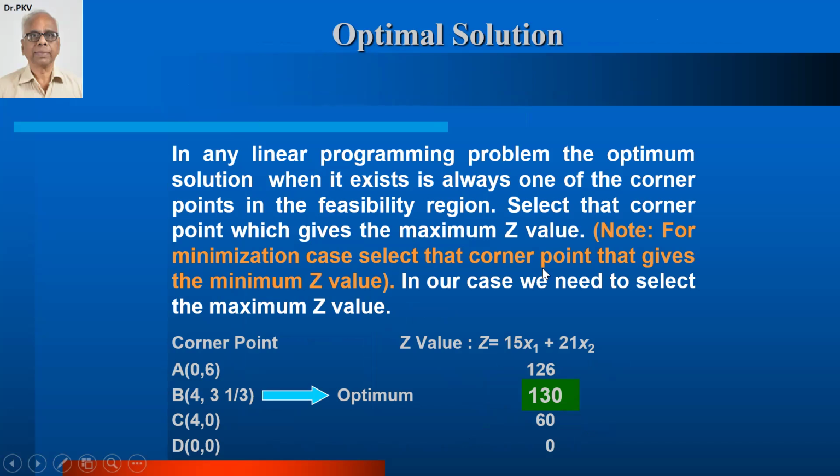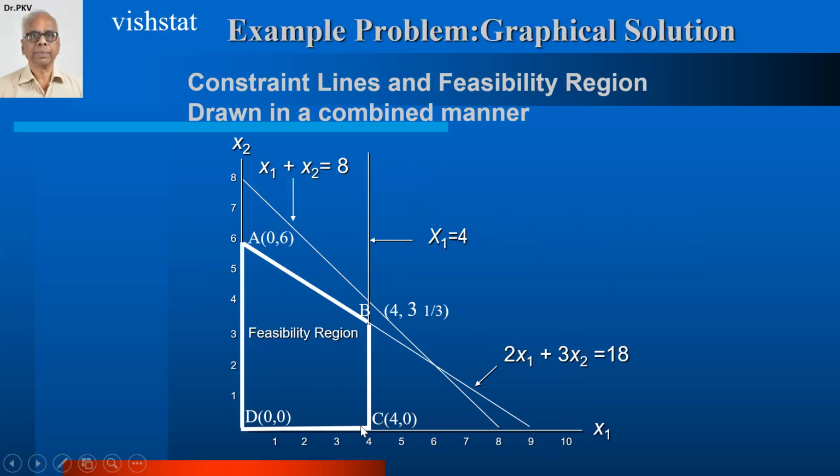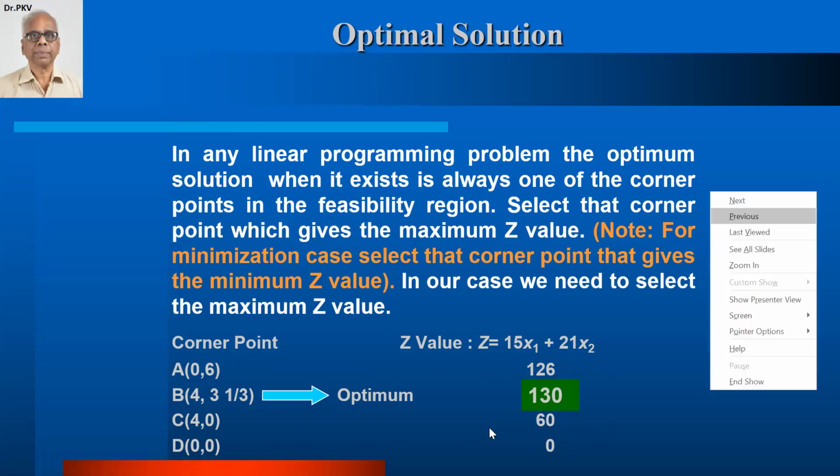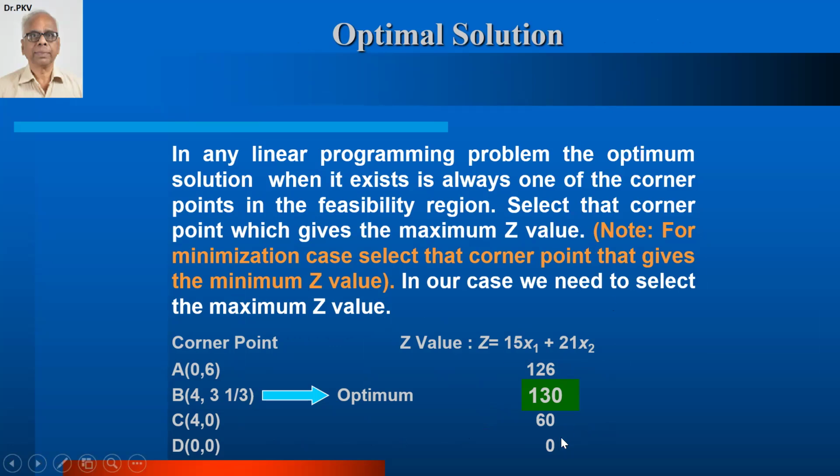Corner point C, 4, 0, gives 60. Corner point D, 0, 0, gives 0.